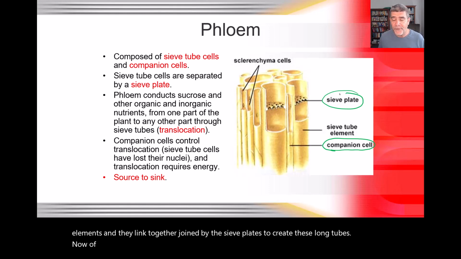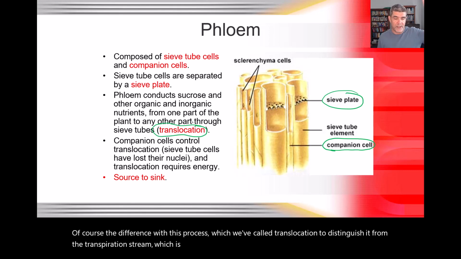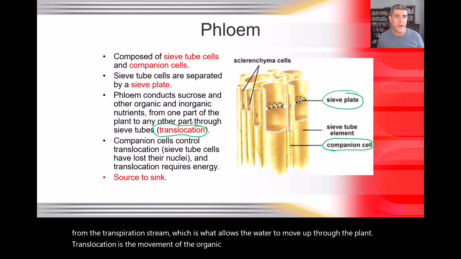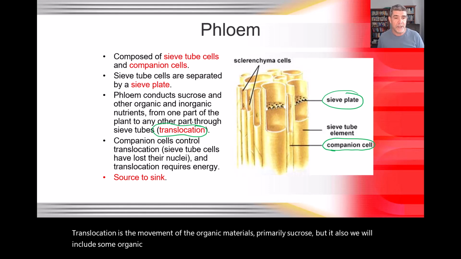Now, of course, the difference with this process, which we've called translocation, to distinguish it from the transpiration stream, which is what allows the water to move up through the plant, is that translocation is the movement of the organic materials, primarily sucrose, but it will include some other organic and inorganic materials.